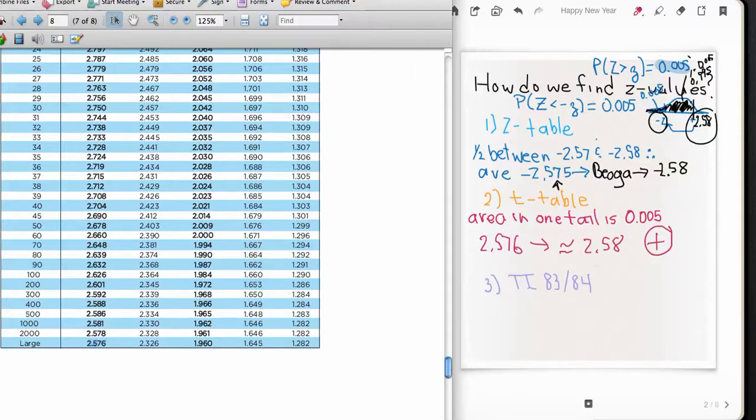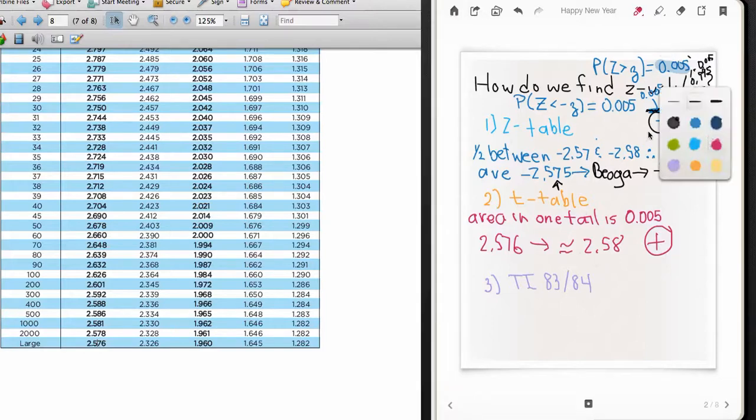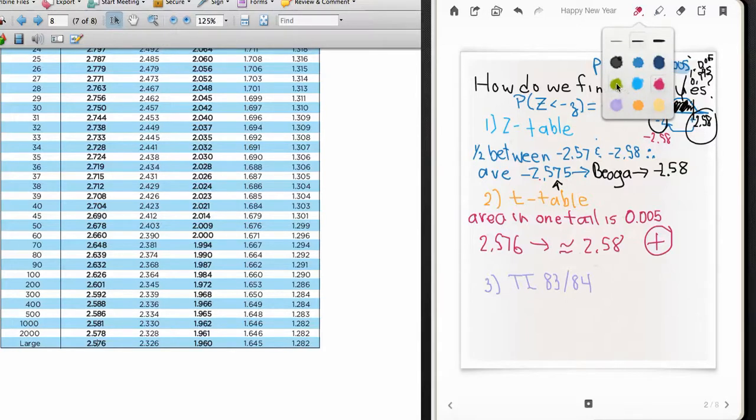This is a positive value. So you're looking at this side, and you know that the other side is the negative value, negative 2.58. So this one works from the positive, then you get the negative, where before I went from the negative and then got the positive.